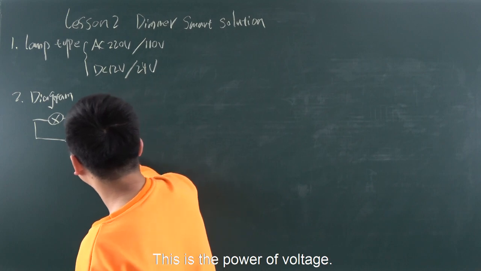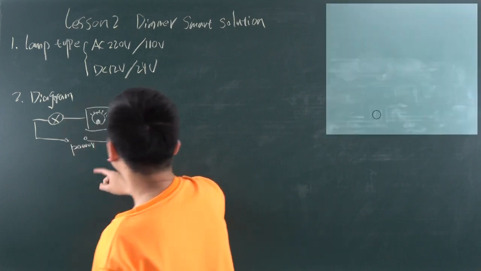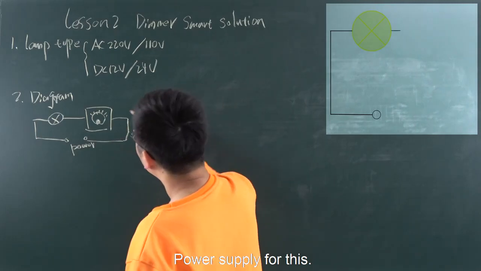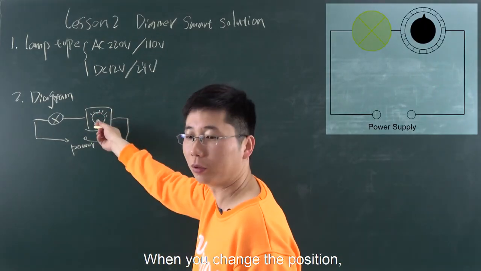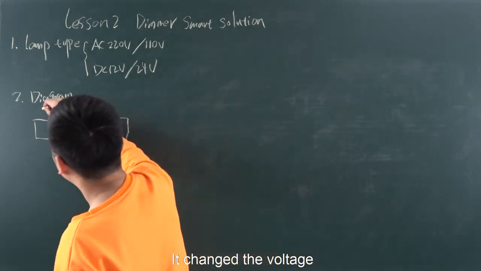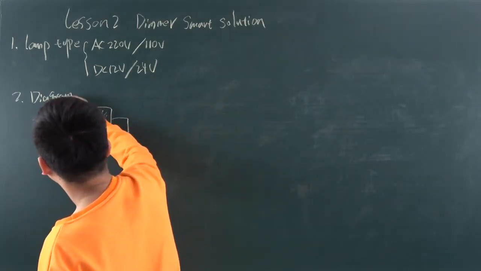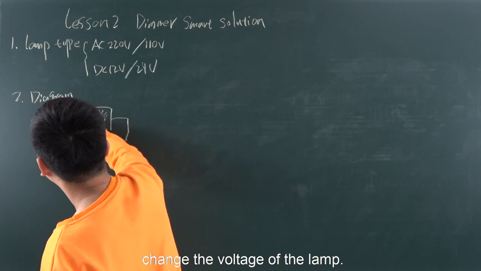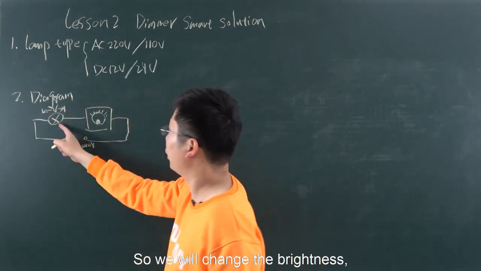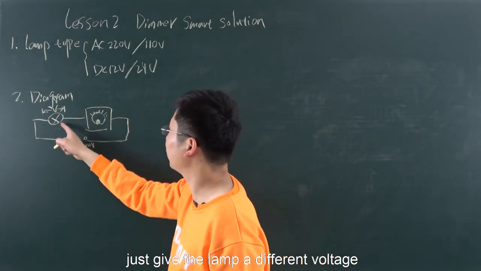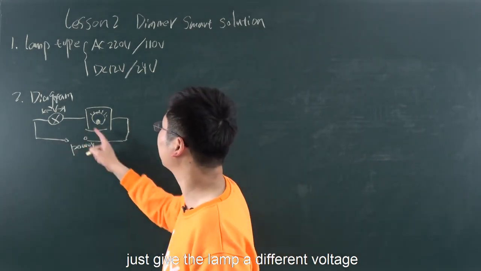This is the power supply, and when you change the position, it changes the voltage of the lamp. So to change the brightness, we just give the lamp a different voltage.